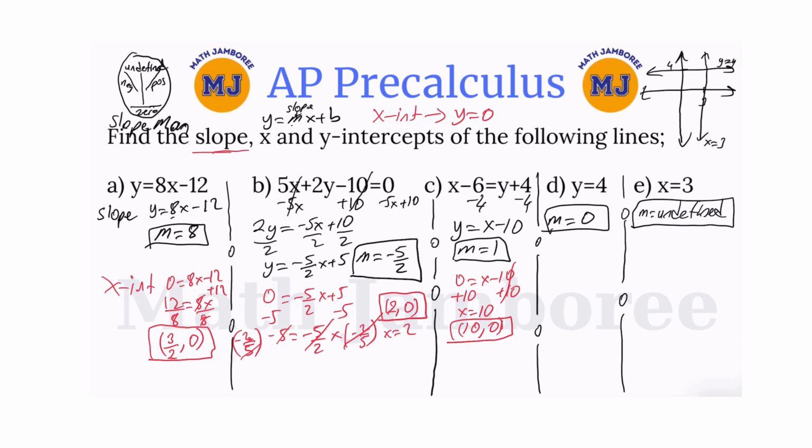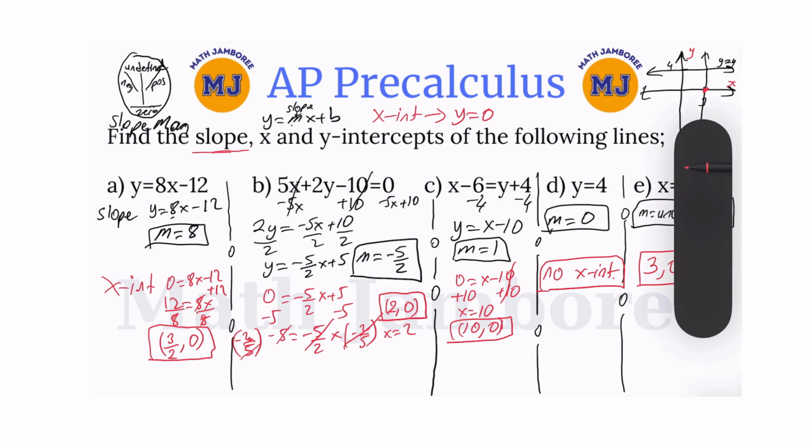It's never going to touch the x-axis, so there is no x-intercept. And this x equals 3 is exactly touching the x-axis. This is x, this is y. On the x-axis, x is 3, and y is 0.